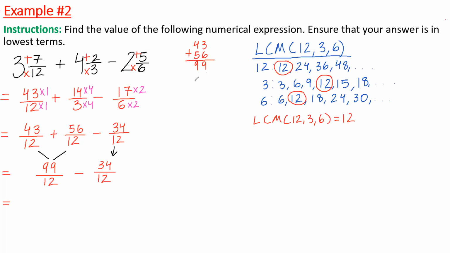So we have 99 minus 34. And so we have 9 minus 4, which is going to be 5. And then 9 minus 3 is 6. And so this is going to be 65 over 12.